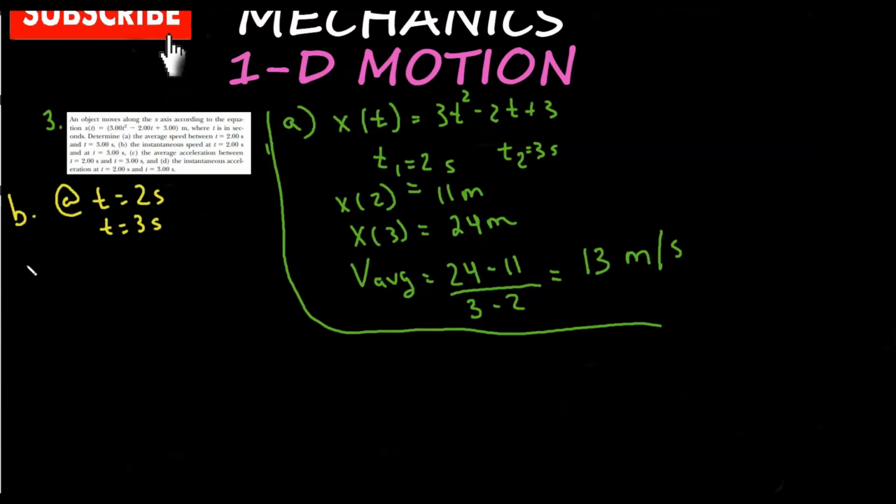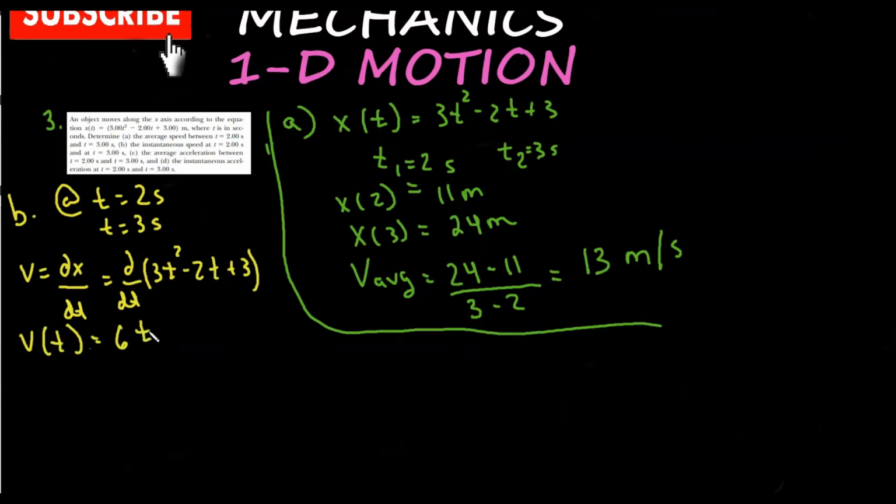So we know that the velocity is dx by dt, which is equal to d by dt of our function 3t squared minus 2t plus 3. So if I go ahead, then we get our velocity function, v is equal to 6t minus 2, and the constant goes to 0.